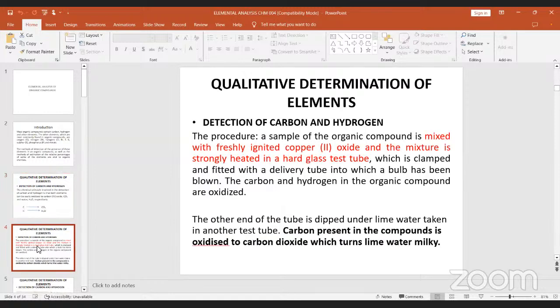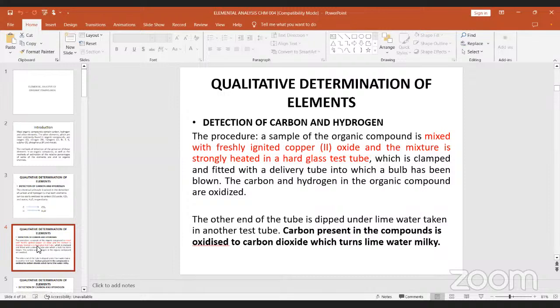So for the carbon and hydrogen, I said we subject it to an oxidizing environment. This is done by mixing the compound with copper(II) oxide and heating it up in a hard glass, a glass that will withstand the rigor of heat.